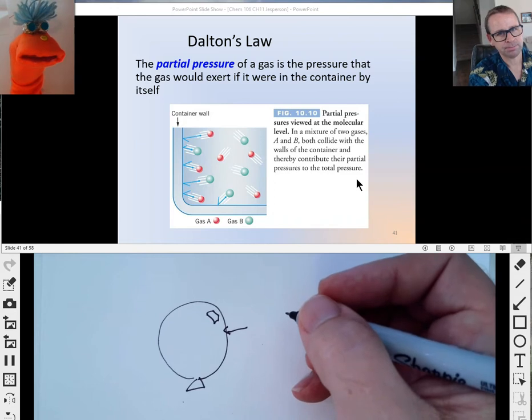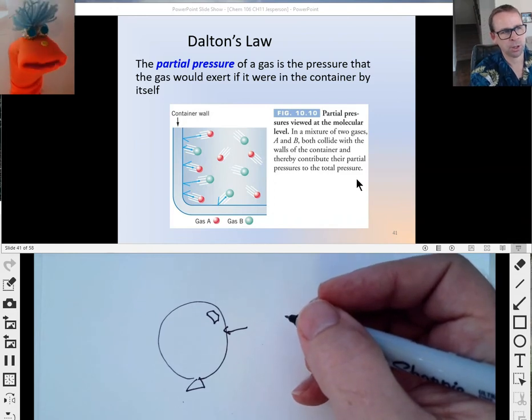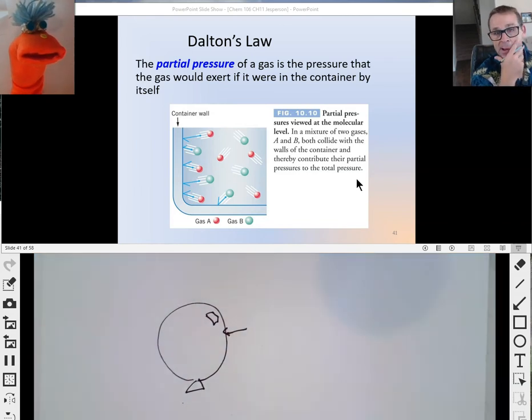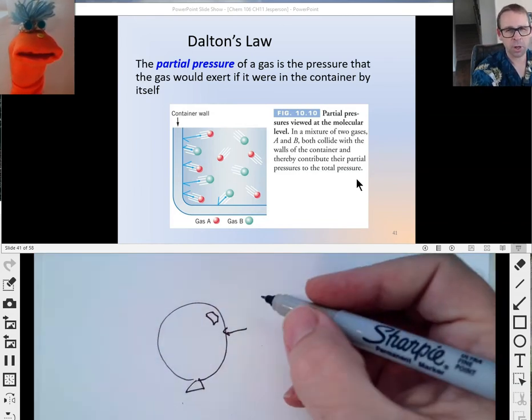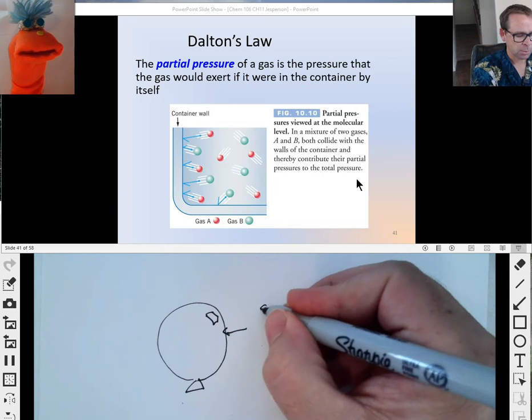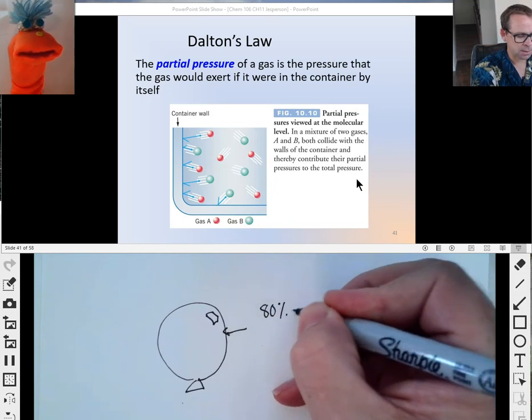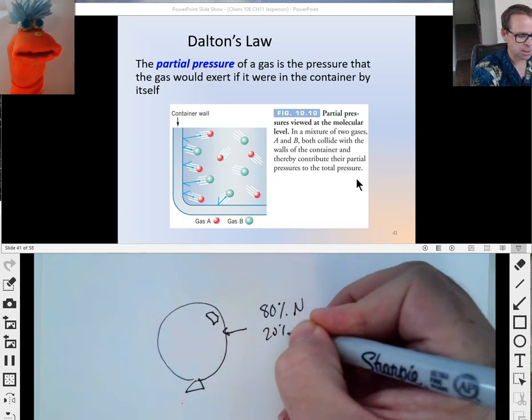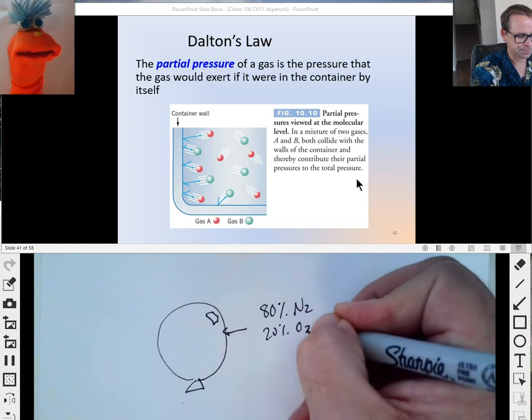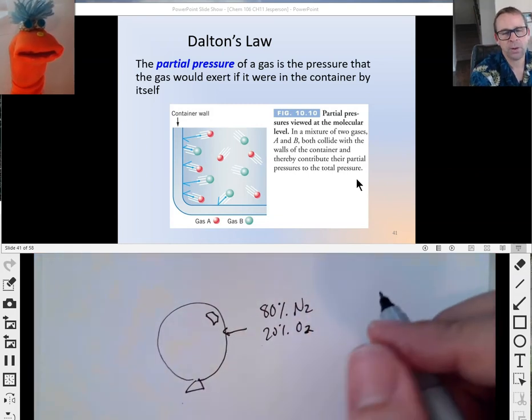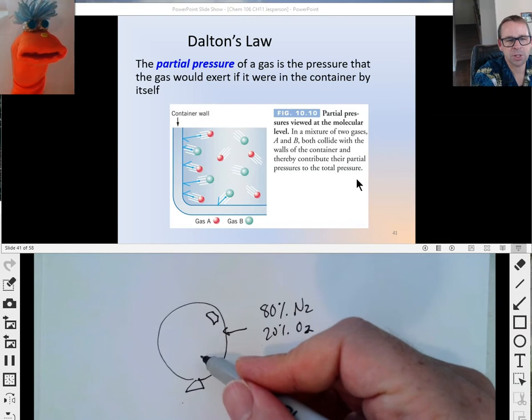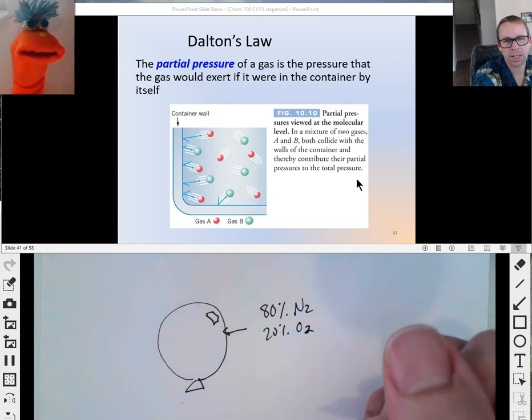What's in air again? Nitrogen and oxygen. Is there some carbon dioxide? Yeah, a little bit of carbon dioxide and a little bit of argon. Very small amounts. But it's essentially, let's say, 80% nitrogen and 20% oxygen gas. So inside here is 80% nitrogen and 20% oxygen gas.